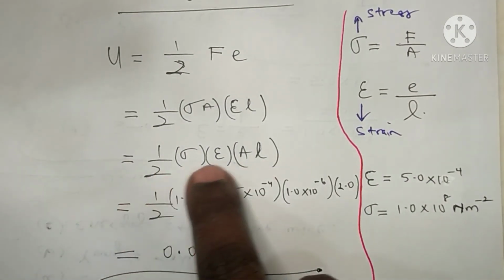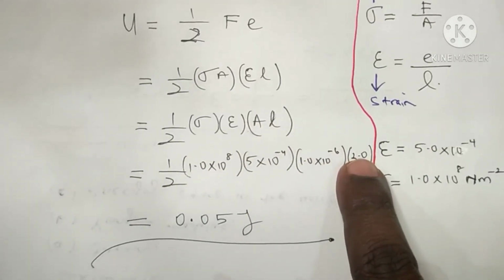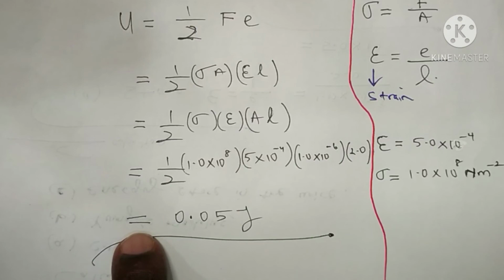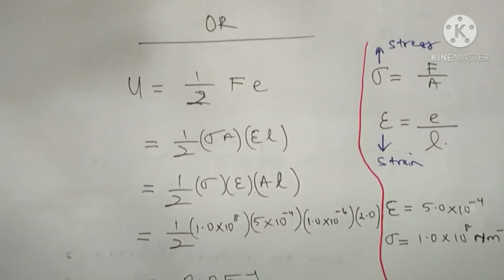And substitute all the values accordingly in this formula, and you will get the energy stored or strain energy equal to 0.05 joule. Simple like a bubble without giving you any trouble. And you can see it is similar.